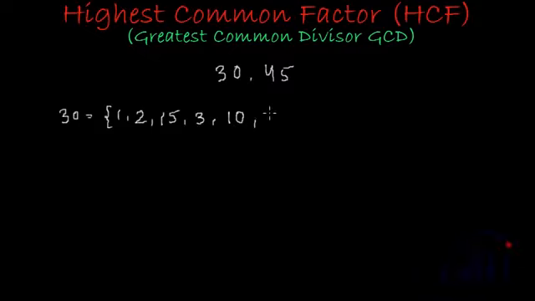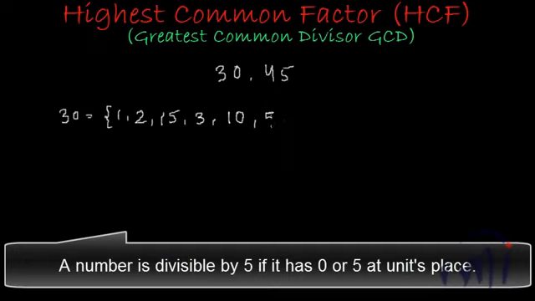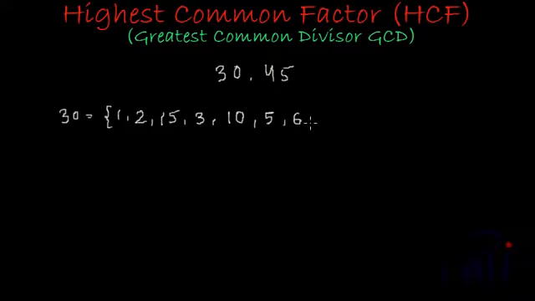And yes, it will be divisible by 5 because it has 0 at the units place, and 5 sixes are 30, right? And after 5, it is divisible by 6 because we have got one factor as 6. So I think I have got all the possible factors of 30, because here the difference between two factors is only 1. So we can stop our procedure over here, right?